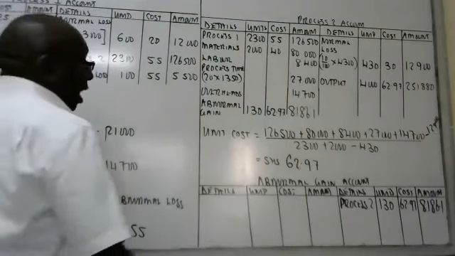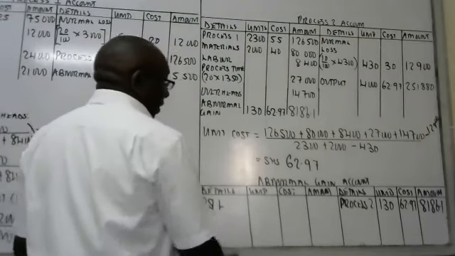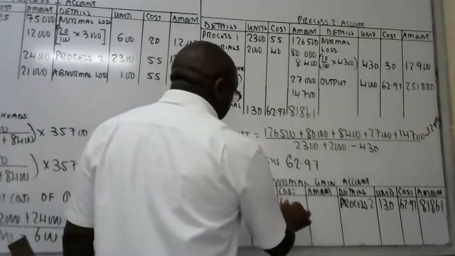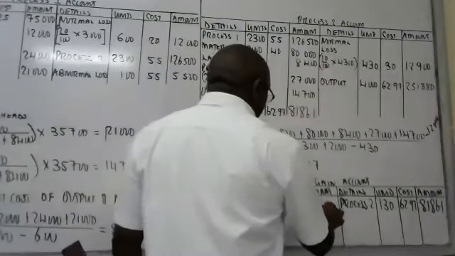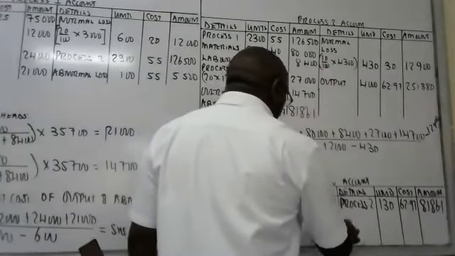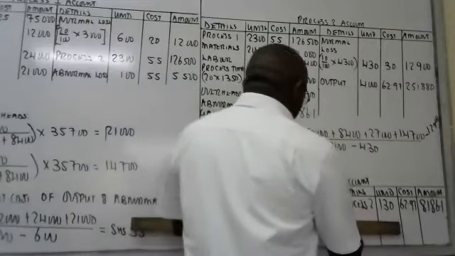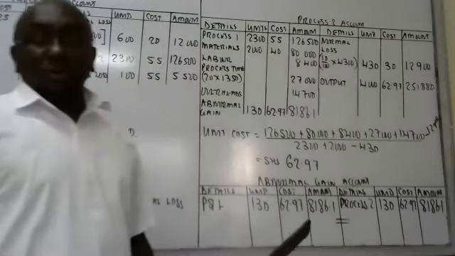Now that one, you cross it to P&L. 130, 62.97, and then 8,186.1. And that account stands closed.